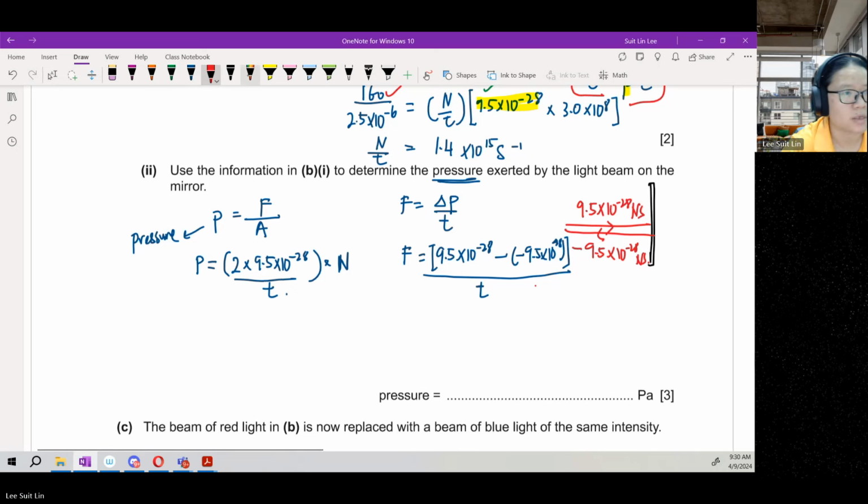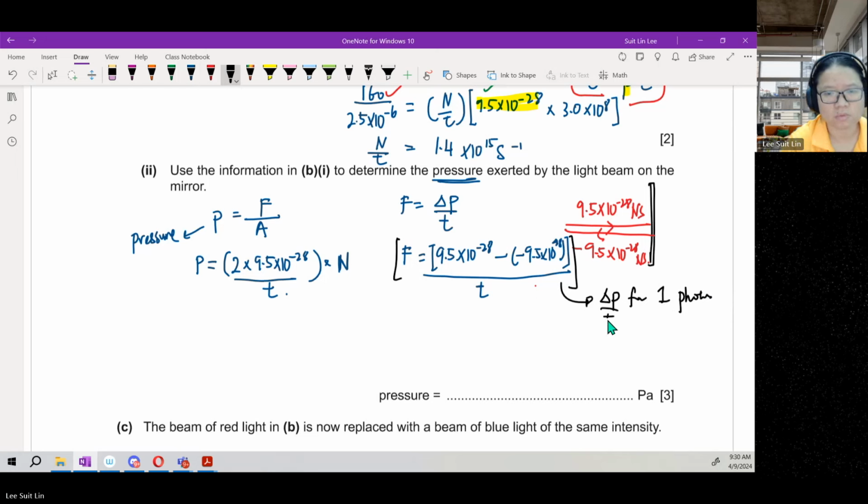So this whole thing is the change in momentum for 1 photon. But we don't have 1 photon now, we have many photons. To be specific, 1.4 times 10 to the power of 15 photons every second. So for this one, divide by area.